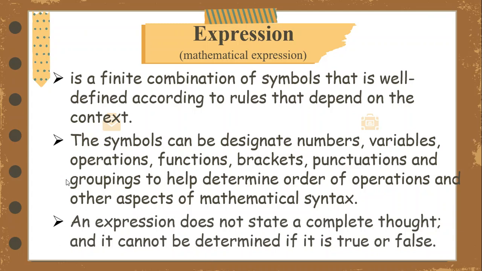An expression does not state a complete thought, and it cannot be determined if it is true or false. A mathematical expression doesn't state a complete thought, or the statement can leave you hanging.